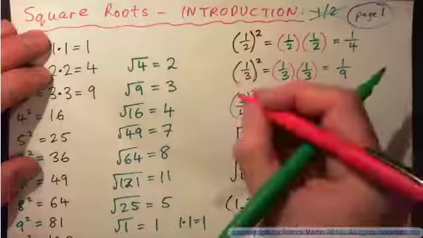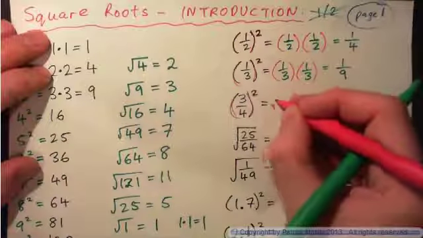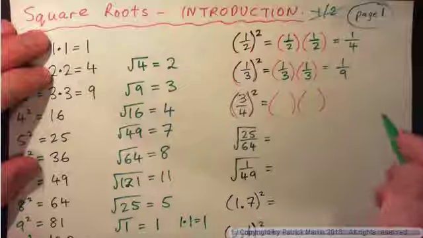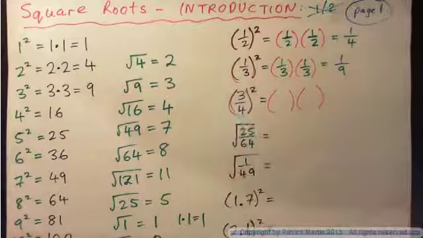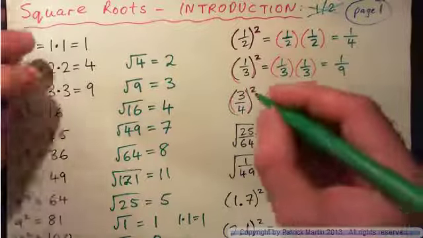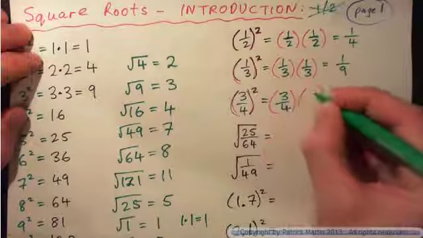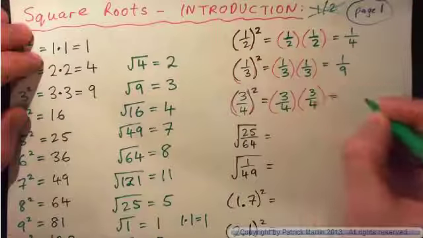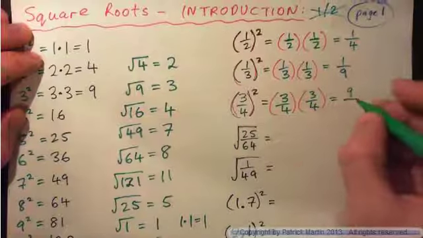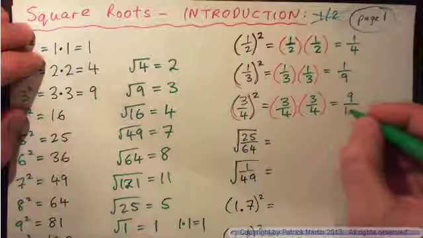Can you do this one? 3/4 squared. So it's parenthesis times parenthesis. Go ahead and do this one. 3/4 squared is 3/4 times 3/4. 3 times 3 is 9. 4 times 4 is 16.